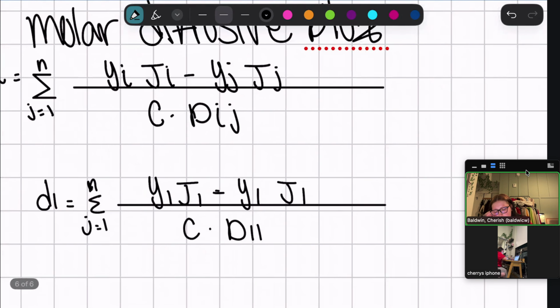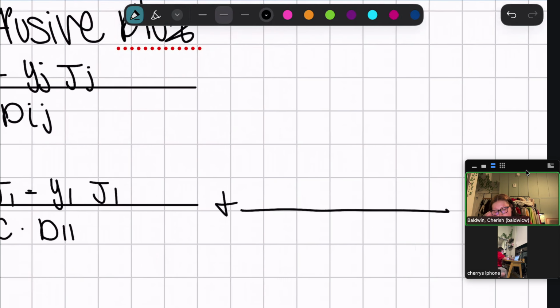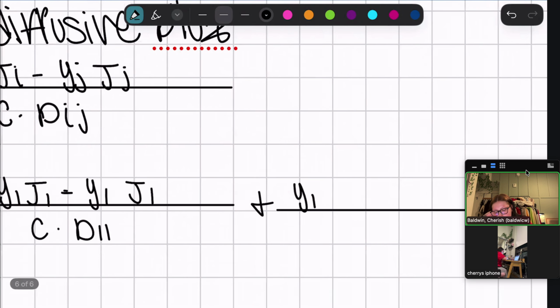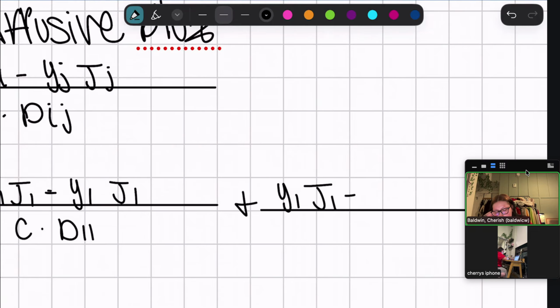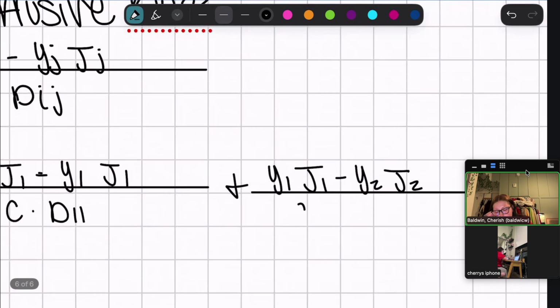And then we're going to add, since it's a binary liquid, mole fraction of 1, diffusive flux of 1 minus y2, mole fraction of 2, diffusive flux of 2 times concentration divided by the concentration times diffusion coefficient from 1 to 2.